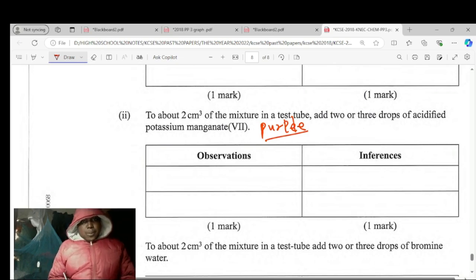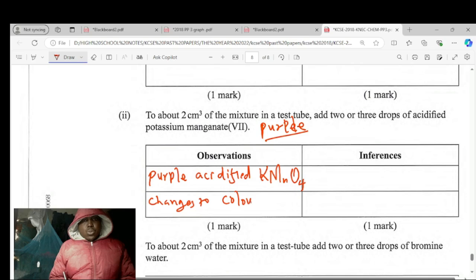So purple acidified potassium permanganate changes to colorless.